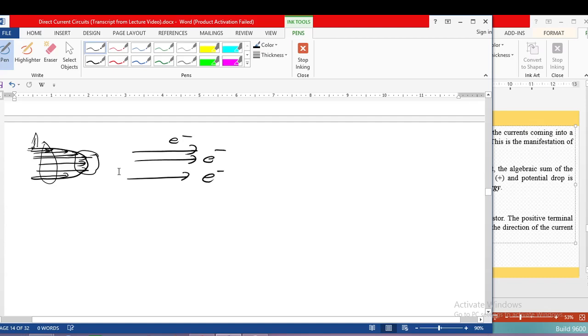Meaning none arrive later and none go ahead; they flow at the same time, and the value of the current at any point in a branch is constant. Okay? So it is uniform, steady, and the current is not dependent on time. It does not vary with time.